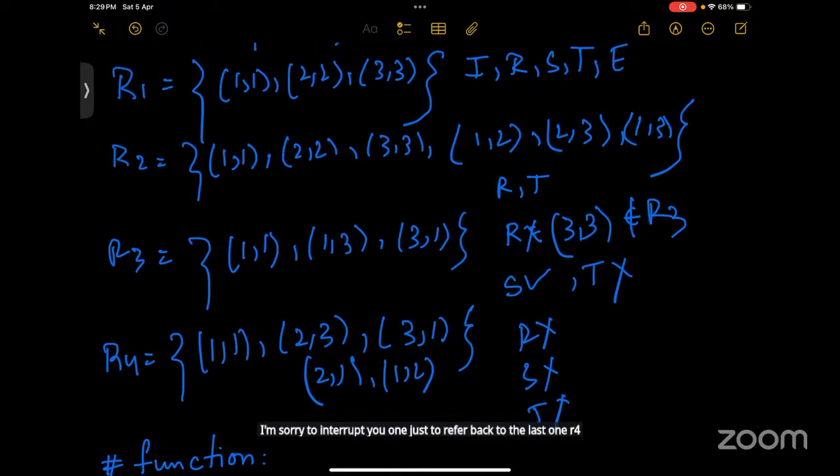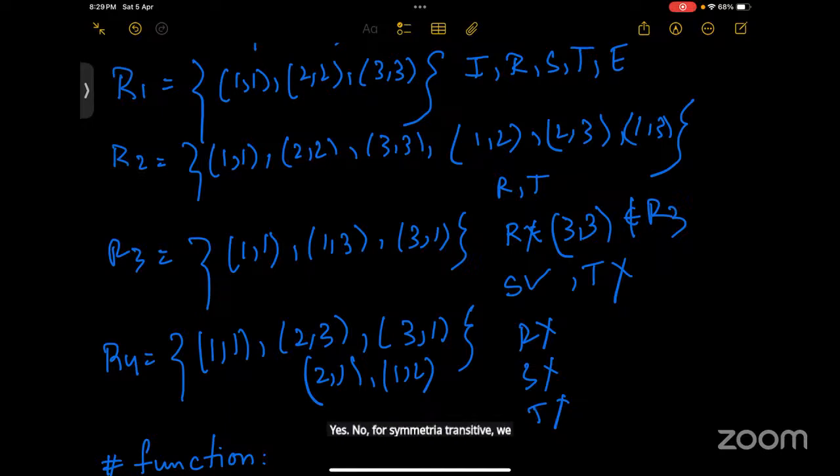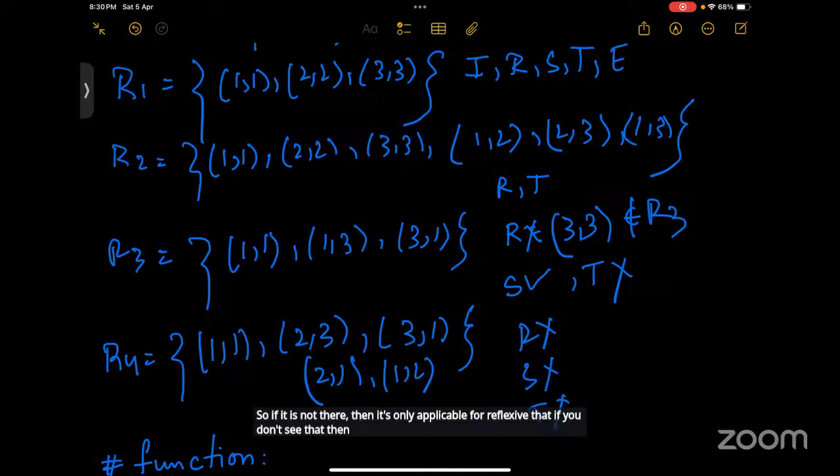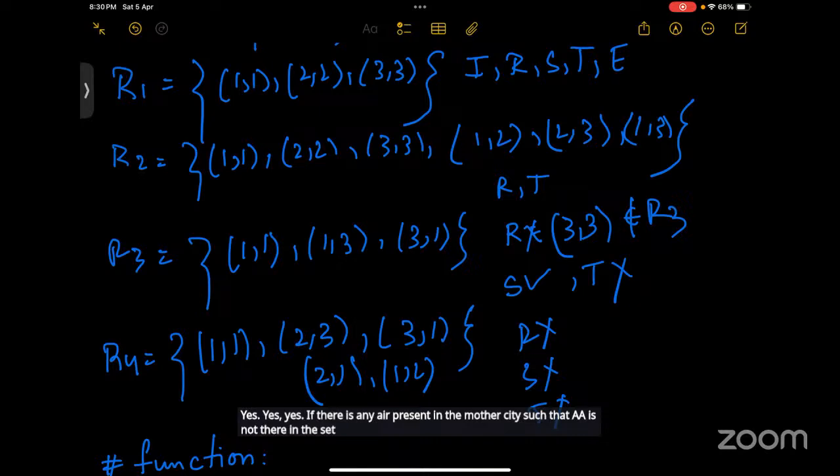If you don't see a pattern, can we always go back and say that it's reflexive or something like that? No. For symmetry and transitivity, we need a pattern. For reflexive, all the same pairs should be there. If there is any A present in the mother set A such that A, A is not there in the set, that means this is not reflexive.